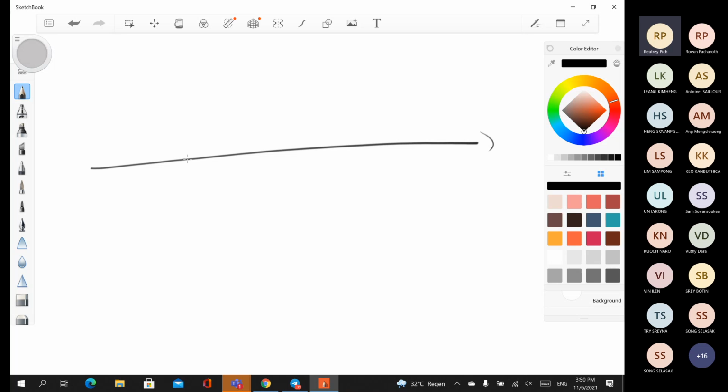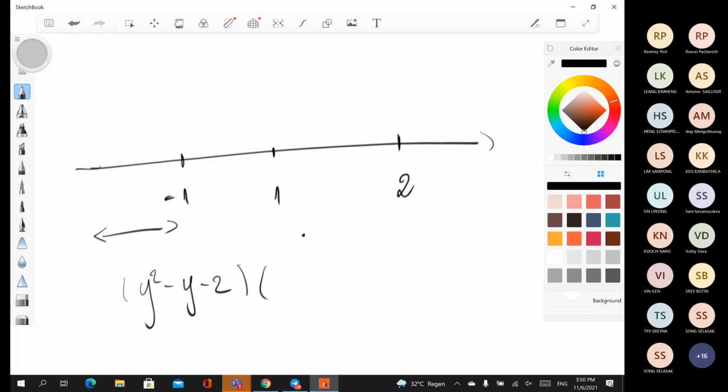So on our slope here, we have -1, 1, and 2, right? So from here to here, what is the sign of the system? I would say positive. Okay, let's see one by one.